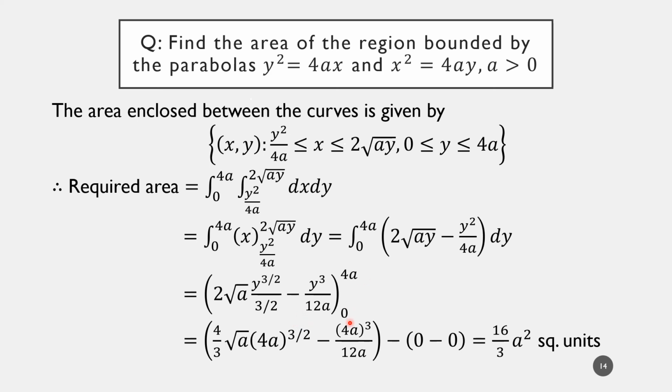After substituting limits of y, I can see that the area is again coming out to be 16 by 3 a square units. So we can solve the area either way, either by writing the variable limits for x first in terms of y, or by writing the variable limits for y in terms of x and then writing the constant limits for x.